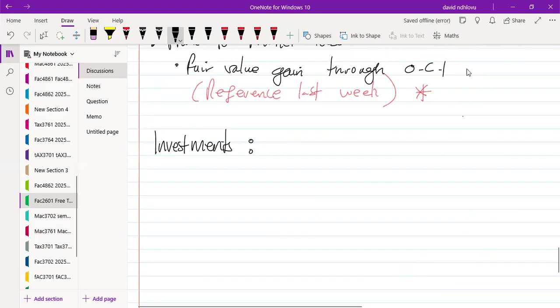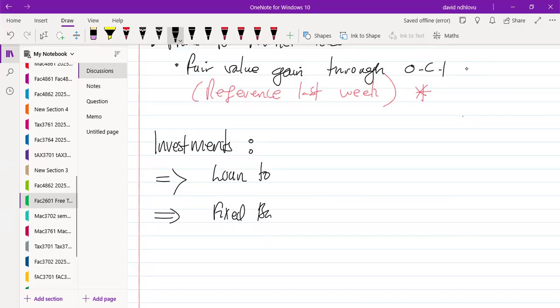When we talk about investments, a company can invest by giving out a loan. A company can invest by investing in a fixed bank deposit. A company can invest by buying shares.